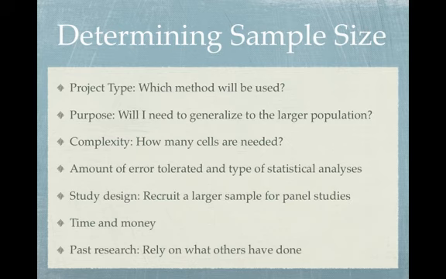And this brings me to my other point, which is the purpose of the research, whether I want to generalize to the larger population or not. If I want to generalize to the larger population, then I need a bigger sample because I need a smaller sampling error. The complexity of the design, how many cells.